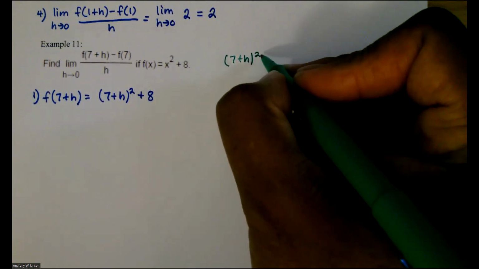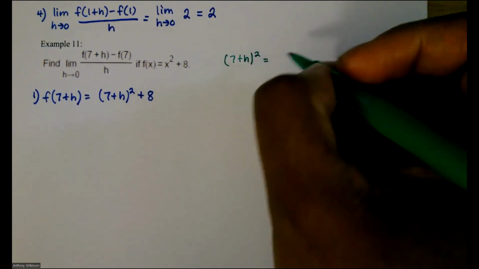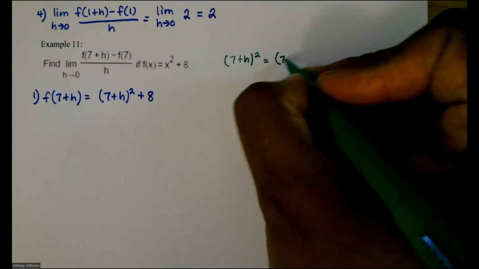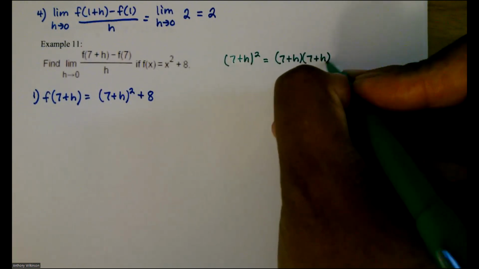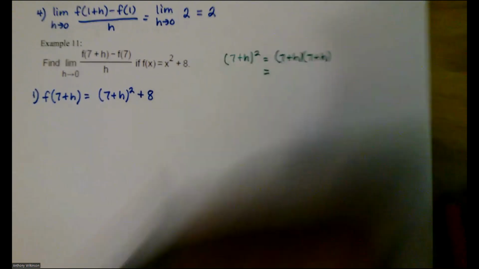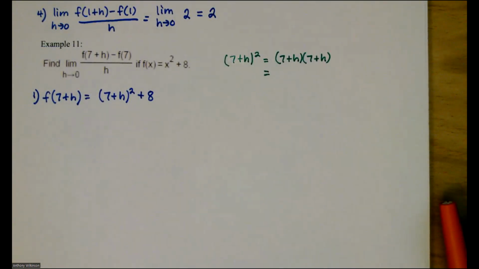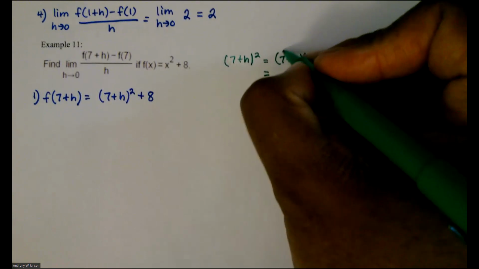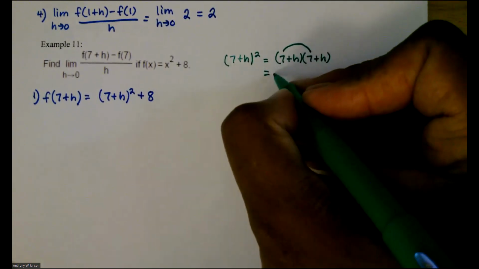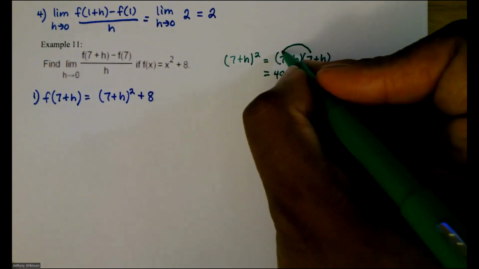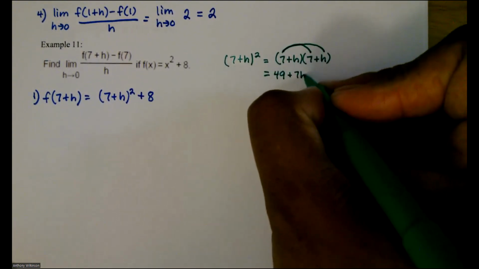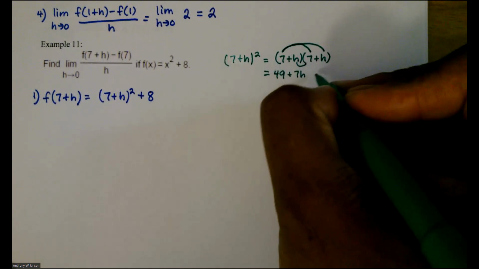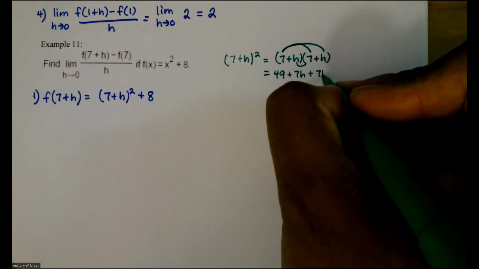Now, since 7 plus h is used as a factor twice, I'll just write 7 plus h times 7 plus h, and then apply the FOIL method. That means I do the first term times the first term, 7 times 7, that's 49. The outer will be 7 times h will be plus 7h. The inner will be h times the 7 will be plus 7h.